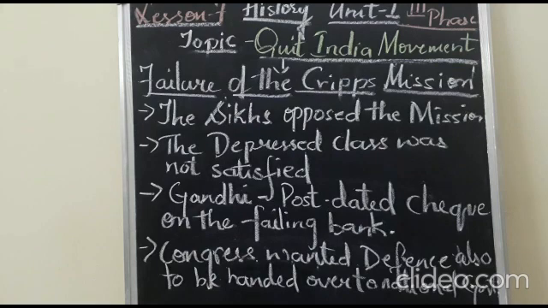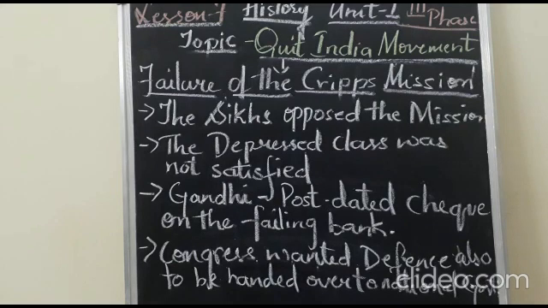The Congress wanted all subjects, including defense, to be handed over to the national government and insisted on a national government with full responsibility. So let us learn this once again.